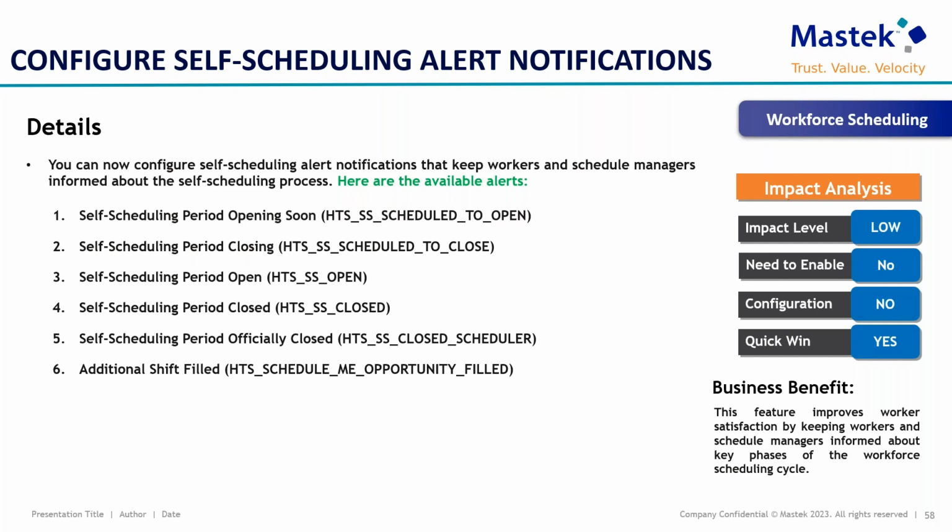The next one is period closing soon. In a similar way, whenever it is about to close, the employee will receive a notification. Then open, close, and officially closed notifications. Along with these 5, an additional shift filled notification is also provided, by which employees and managers can receive notifications.